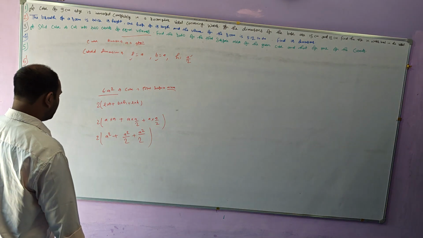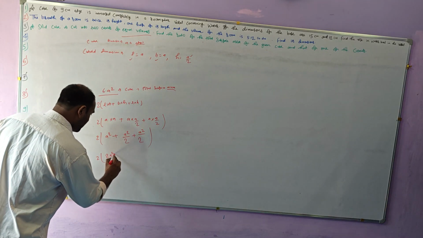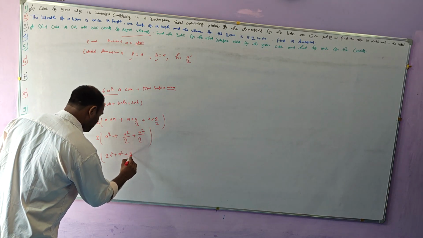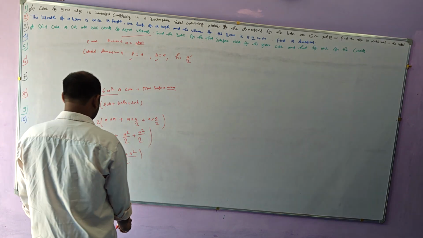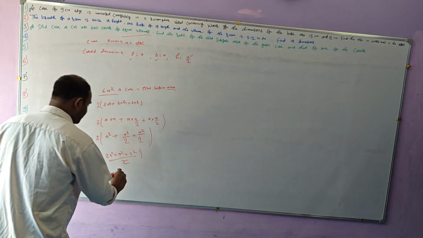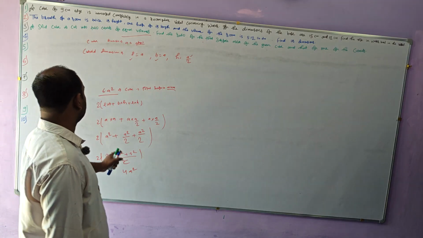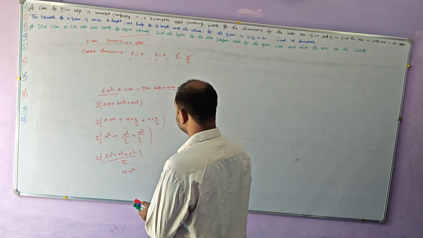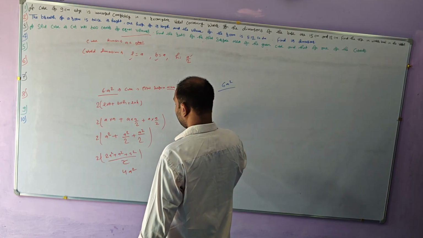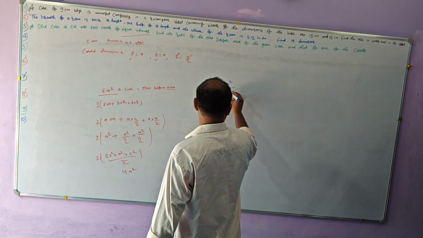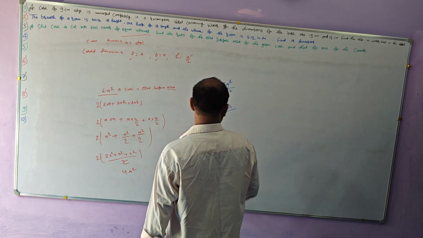From this we got 2 into (a square plus a square plus a square upon 2). 2 cancel. We get 4a square. So we can say 6a square upon 4a square. A square cancel. We get a ratio of 3:2.